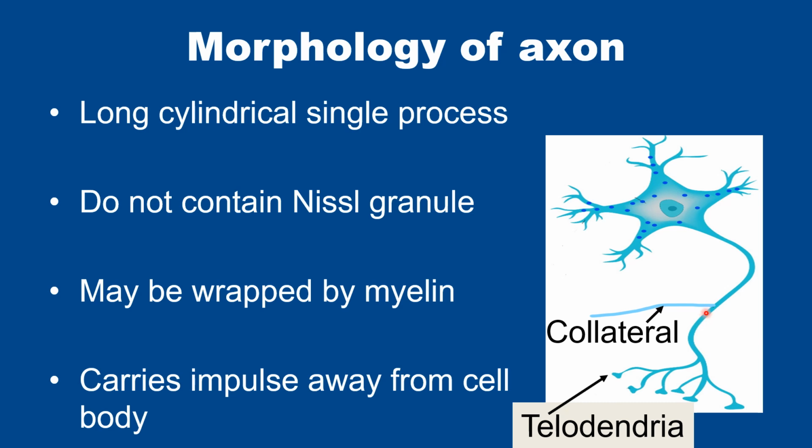It gives off collateral branches perpendicular to the main axon. The axon terminates into small knobs or synaptic buttons, telodendria, which form synapses with a muscle or another neuron.